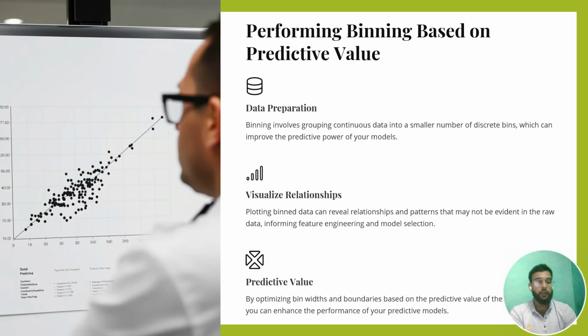Thirdly, we can predict the value by optimizing bin widths and boundaries based on the predictive value of the data. We can enhance the performance of our predictive models. For example, we have data of the birth of a child, so we can predict the data of it. We have taken the value of the average age with the weight of the child.